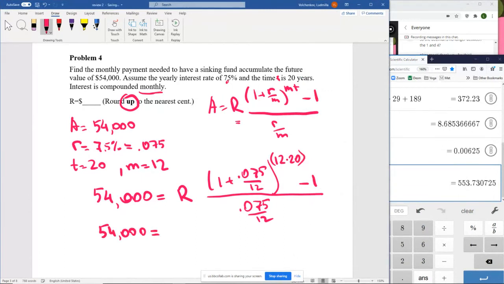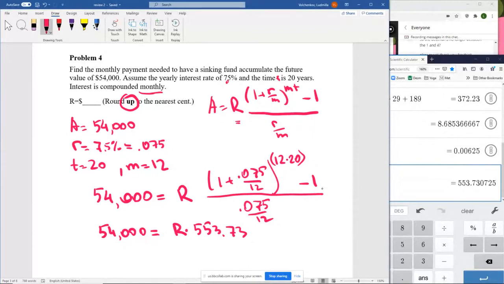Okay, so we got that 54,000 equals R times 553.73. Let us take two more digits just in case, because our regular payment will contain maybe 5 digits, so maybe some hundreds and cents.